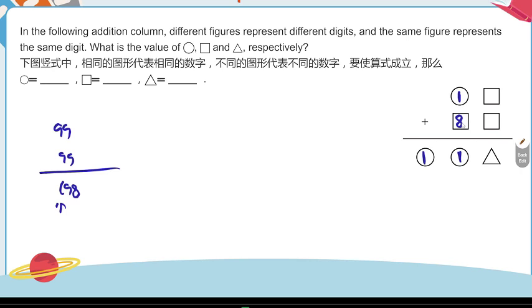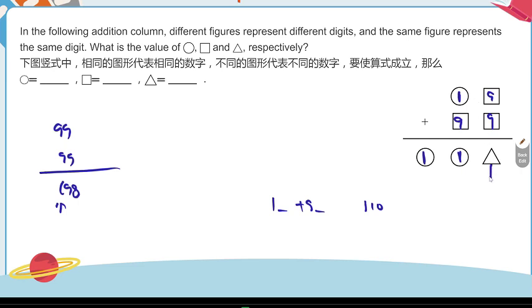If we have 10-something plus 8-something, is it possible for us to have 110? It's never enough. So for this one here, we must let it be 9. Only 10-something plus 9-something can get a number more than 110. So this is a 9, this is 9, this is 9.